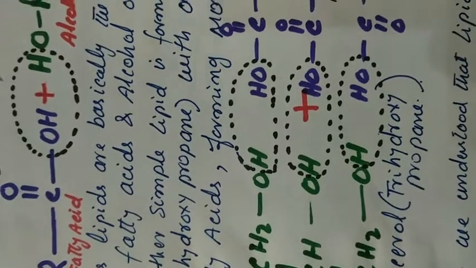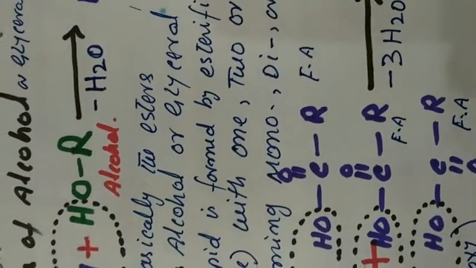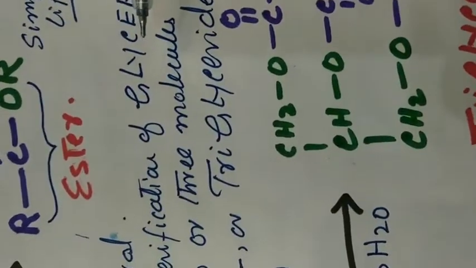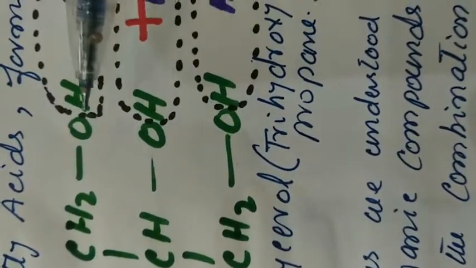Now, another simple lipid is formed by esterification of glycerol. Glycerol is basically a trihydroxypropane having 3 hydroxyl groups as shown in this sketch. This is known as glycerol.